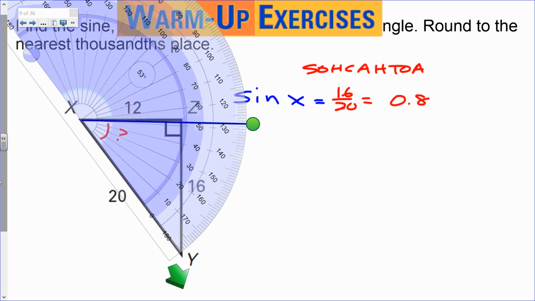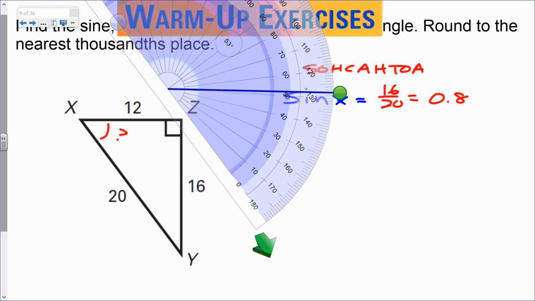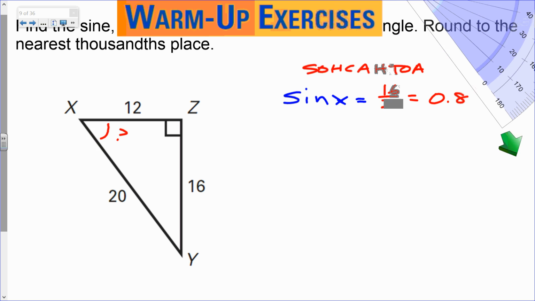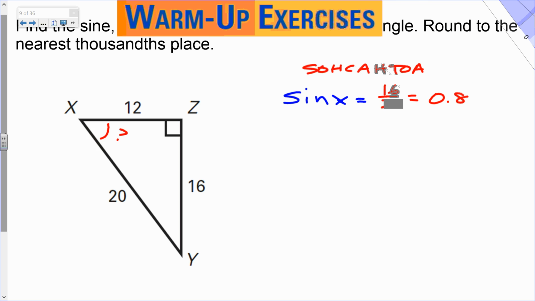Now, watch this. Look at the wonder and magic. So this angle is 53 degrees. Let me take this over here, throw it over there. So this is a 53 degree angle.